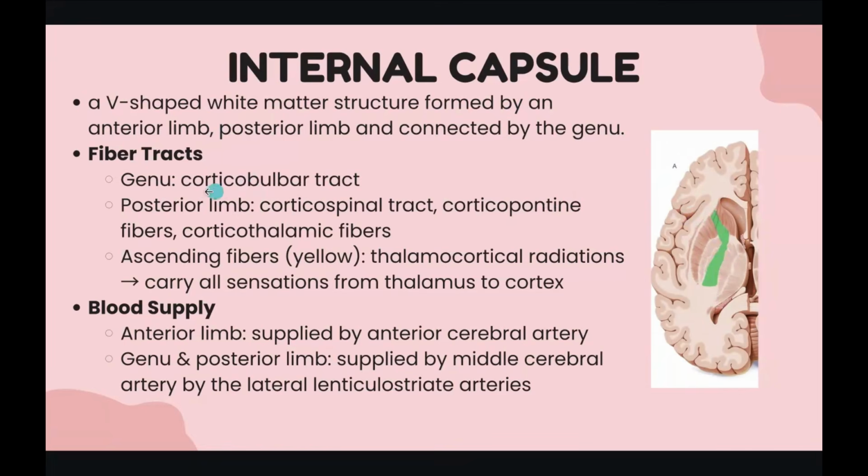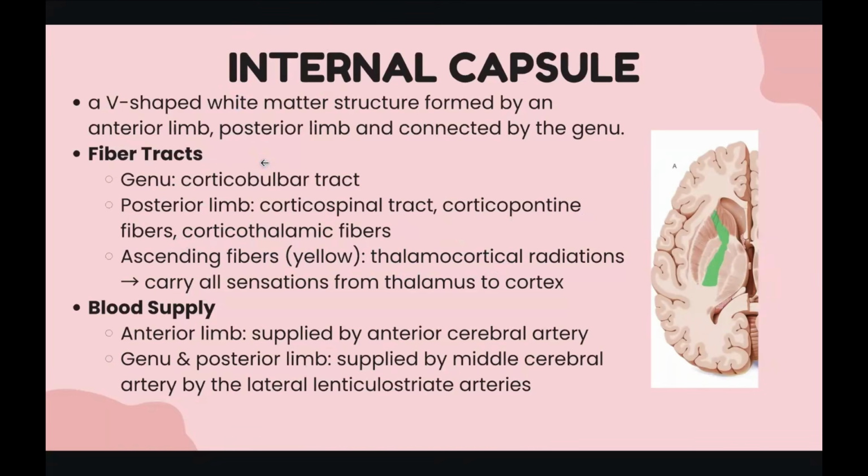The genu has the corticobulbar tract. The posterior limb has the corticospinal tract, the corticopontine fibers, the corticothalamic fibers, and the ascending fibers, which are the thalamocortical radiations that carry all sensations from the thalamus to the cortex.